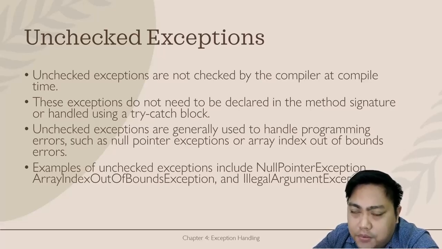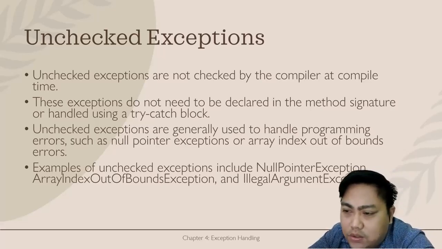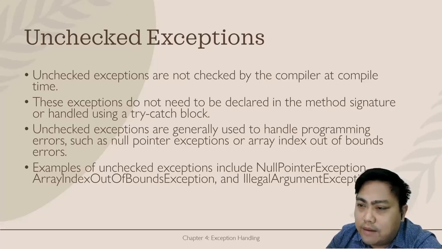These exceptions are typically caused by programming errors, and as we mentioned earlier, null pointer exception, array index out of bounds, or illegal argument exception. These types of exceptions generally indicate a bug in the program rather than an external condition that is beyond the program's control.